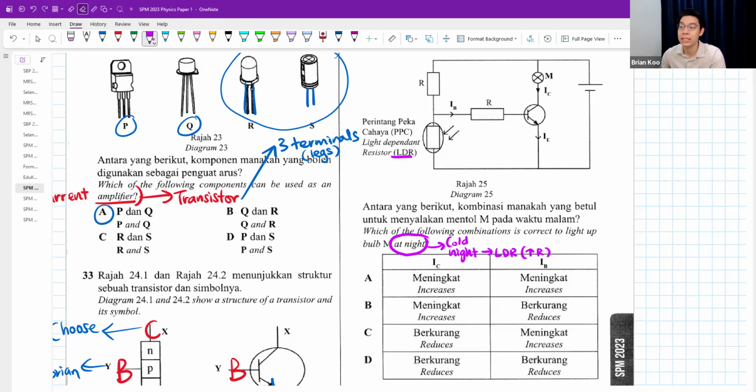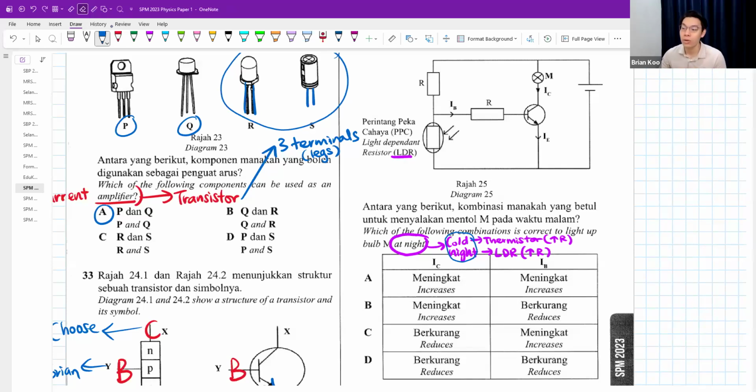We have higher resistance. Okay. If it's cold, if I use a thermistor, resistance also increases. So I always tell my students, you all remember this, that whenever it's cold and nighttime, your LDR or your thermistor, the resistance will go up.